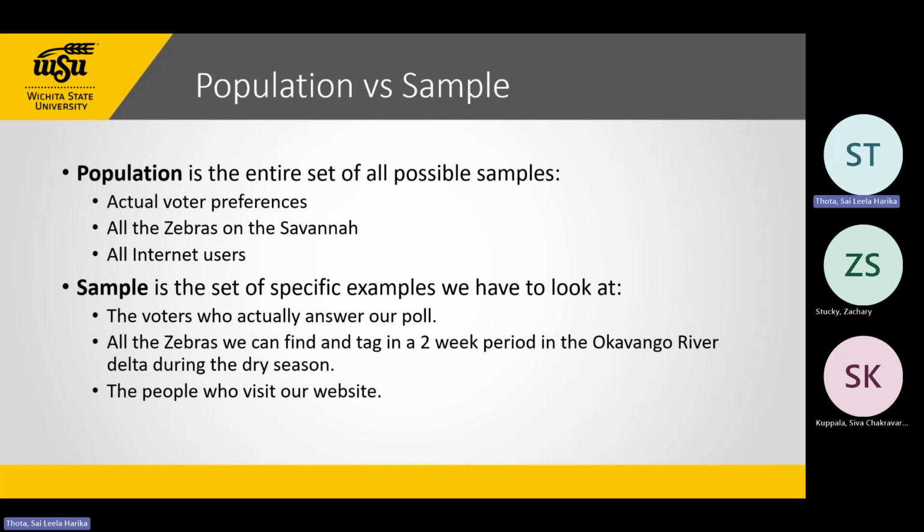And coming to the sample, you select only a specific person or group of people, and that comes under the sample. In simple terms, all internet users come under the population. But if you consider people who visit the website, like those who visit WSU, that can be considered a sample.